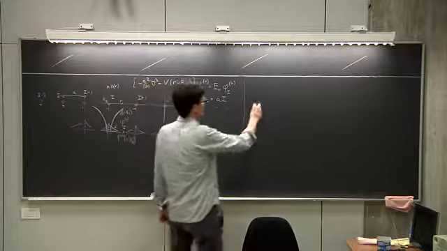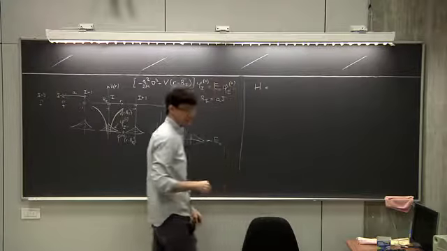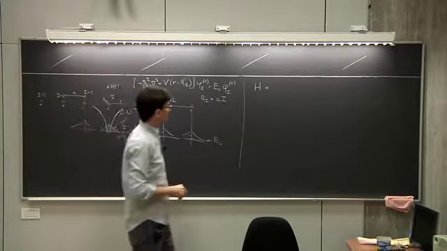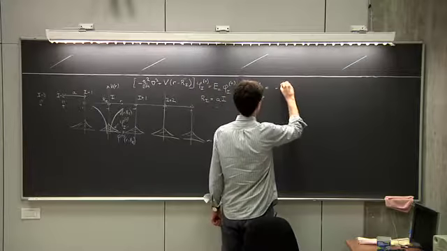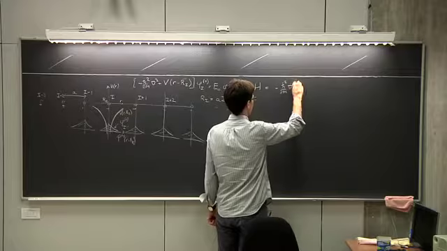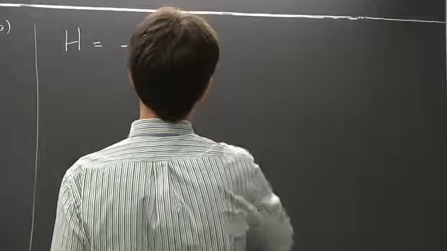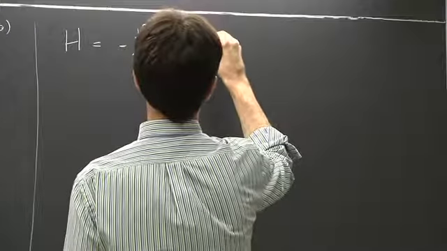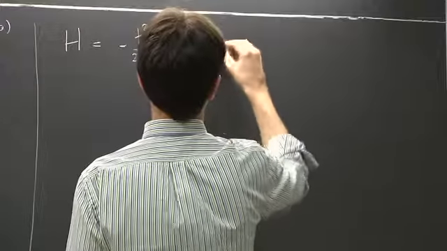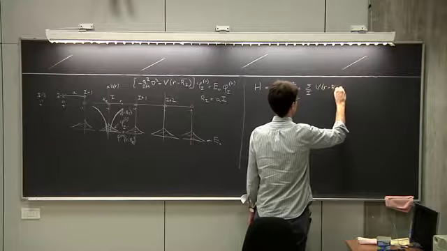And let me now state what my goal is now. My goal is to find the solution of this Hamiltonian now. H equals minus h bar squared over 2m nabla squared plus the sum over all i's of V of r minus Ri.